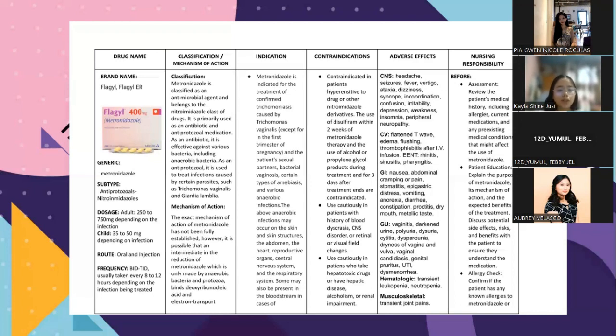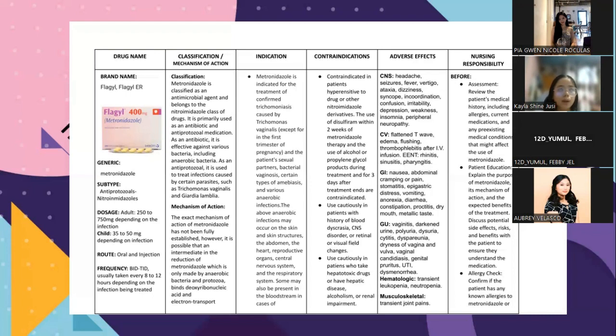For the classification and mechanism of action, metronidazole is classified as an antimicrobial agent and belongs to the nitroimidazole class of drugs. It is primarily used as an antibiotic and antiprotozoal medication.